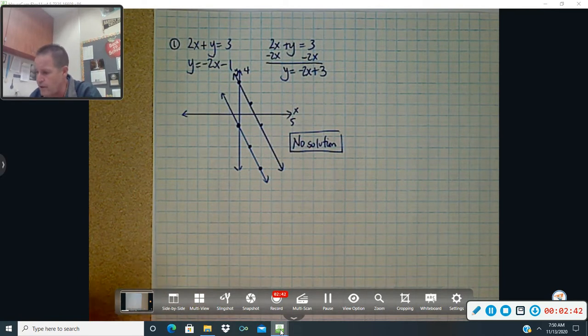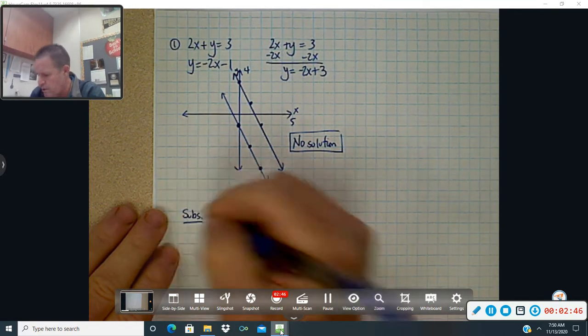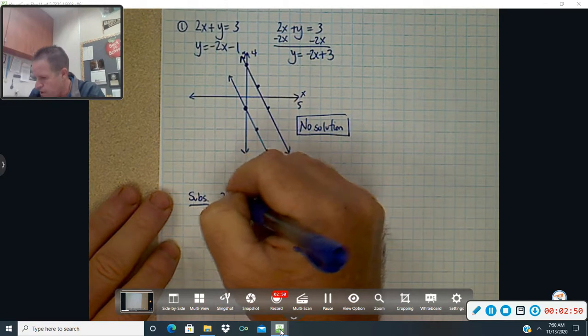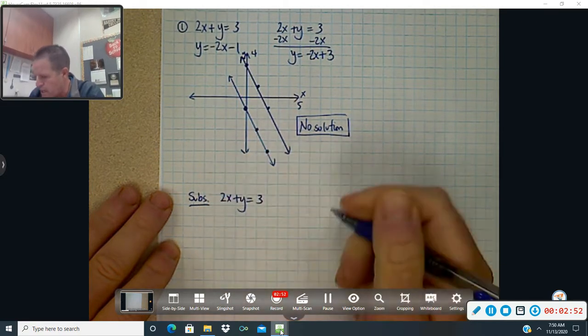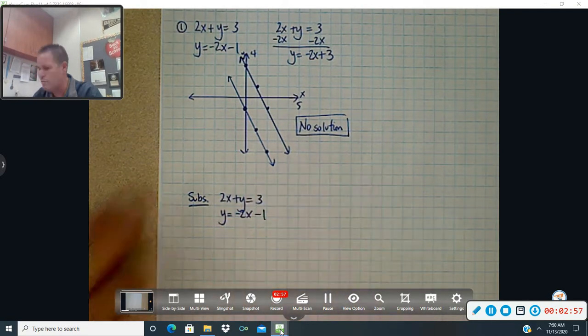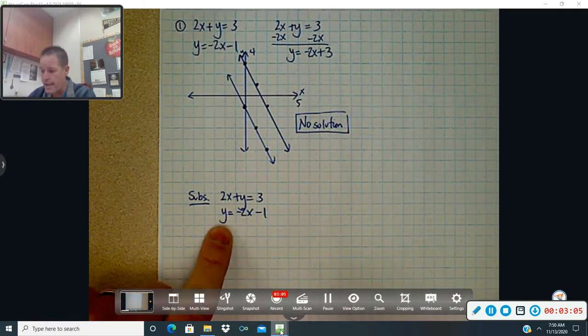All right, so now let's go ahead and take the same equation, but let's do substitution now. So I'm just going to abbreviate there. Now we're going to do substitution with 2x plus y equals 3, and then y equals negative 2x minus 1. Now to do substitution, remember, you need to know what x equals or what y equals. We do know what y equals.